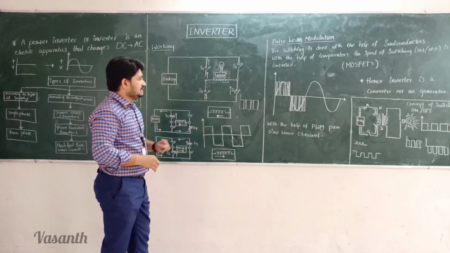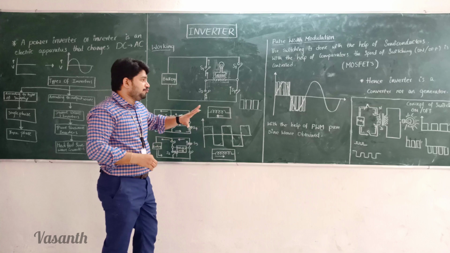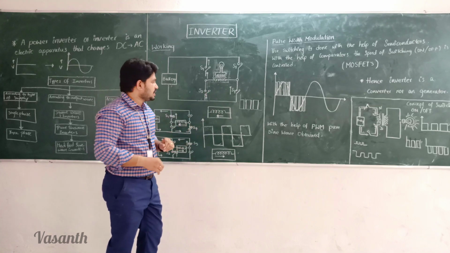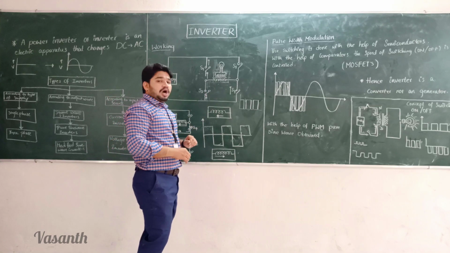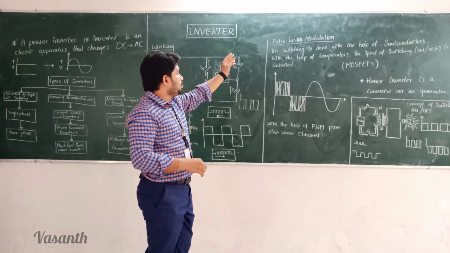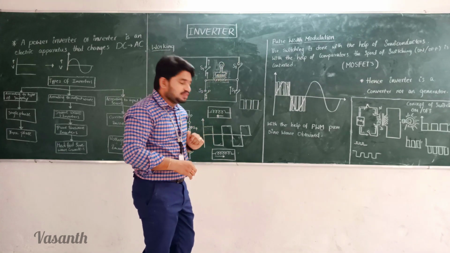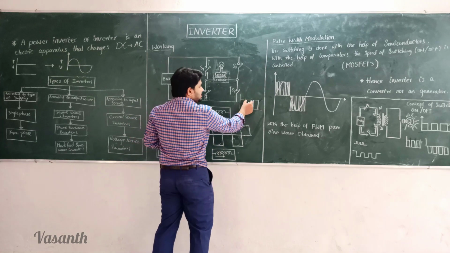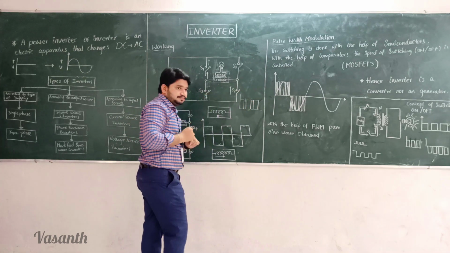So to work AC electrical appliances, we need a perfect sine wave. So how can it be achieved? It can be done with the help of pulse width modulation. That means the width of the pulse should be modified.